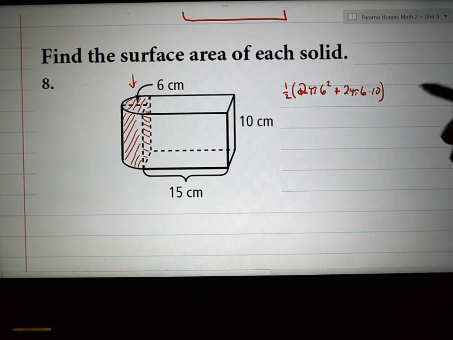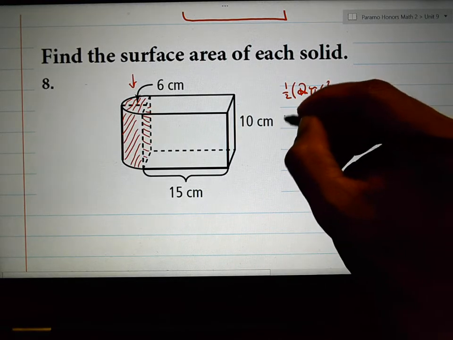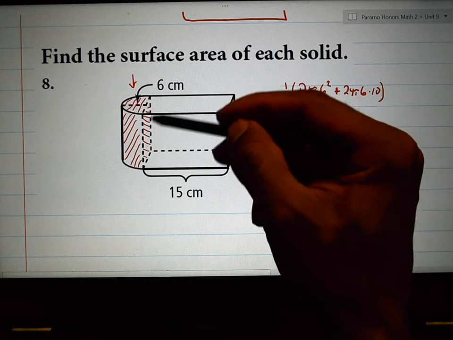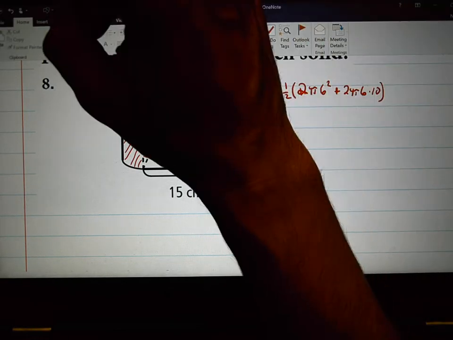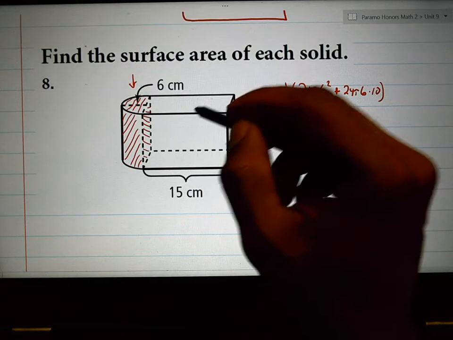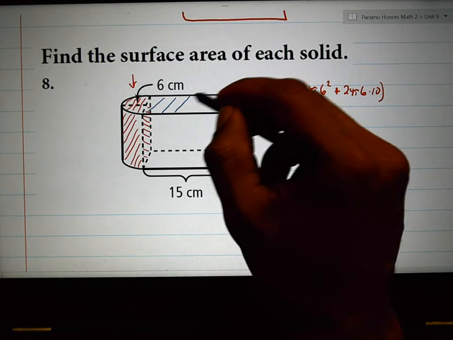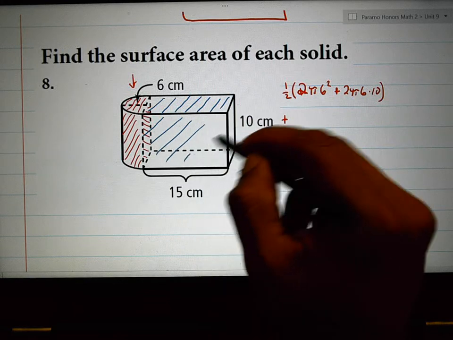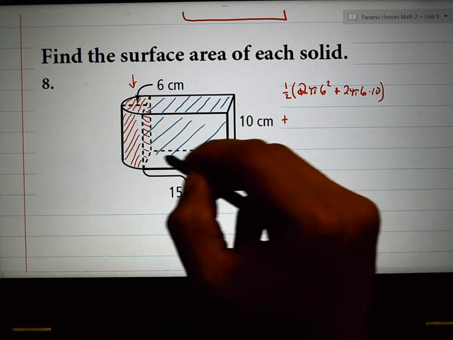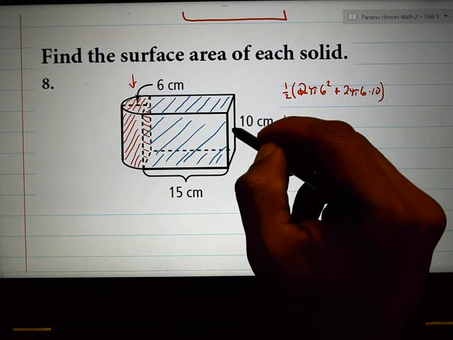Now what I'm going to add to that is I need, let's switch colors to blue, this, the bottom, and the back.